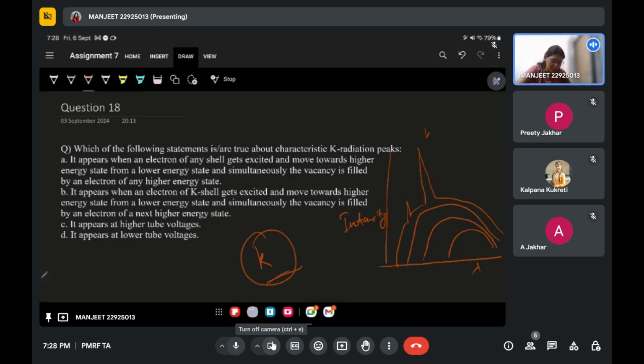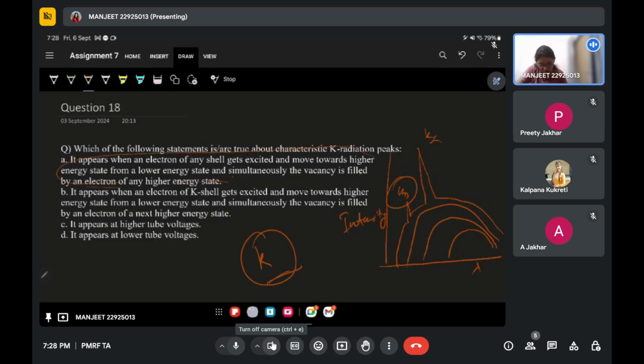But when we get the K radiation, why are we having this K alpha and the K beta? We have already discussed these things. The statement asks: it appears when an electron of any shell gets excited and moves toward the higher energy state from a lower energy state, and simultaneously the vacancy is filled by an electron of the higher state.